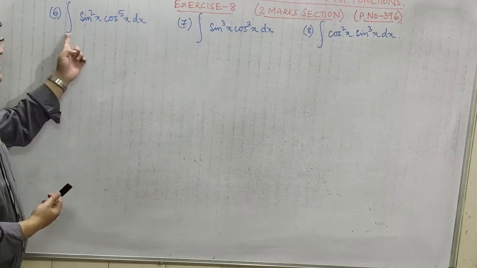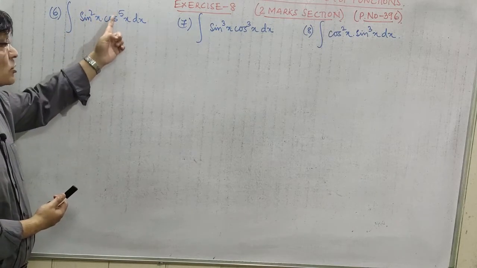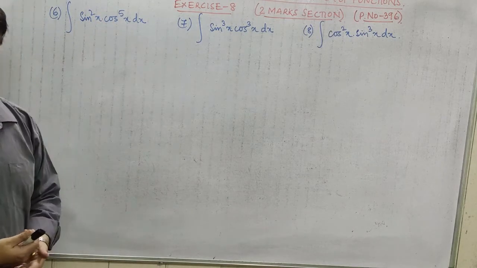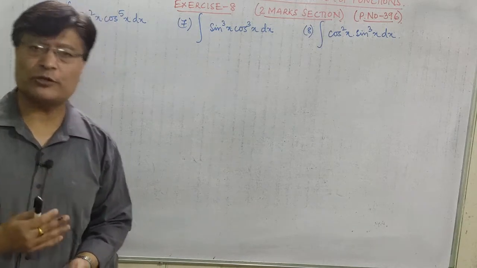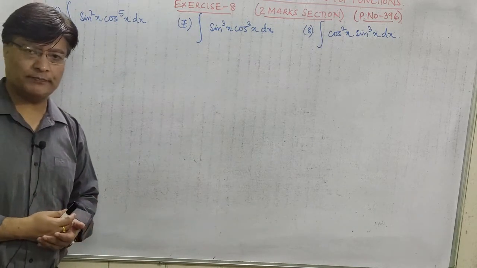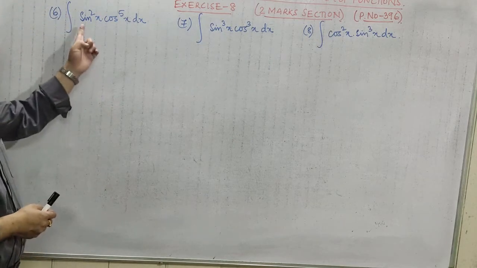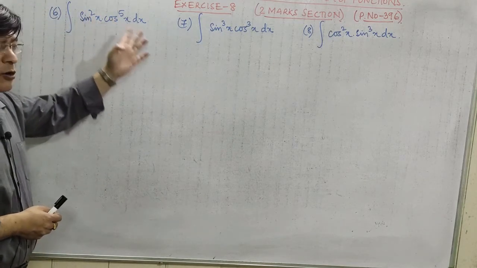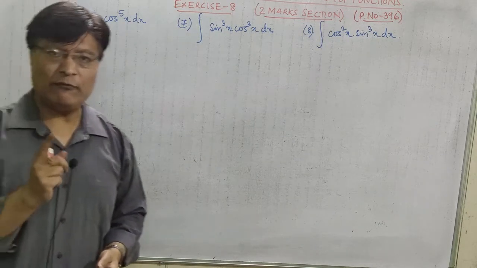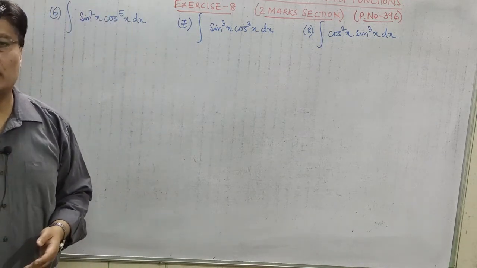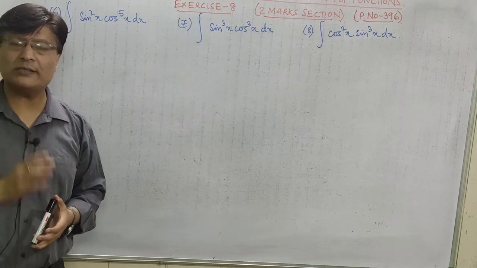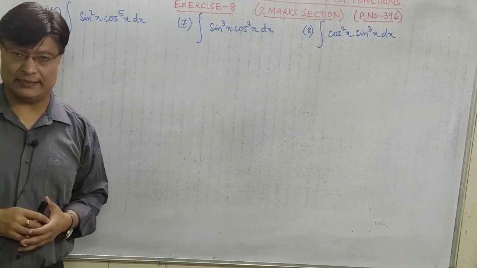The question is integration of sine square x cos to the power 5x dx. So in this case also both the trigonometric functions sin x and cos x are there, but the power of sin x is even and the power of cos x is odd. If one power is even and the other power is odd, then what is the method for integrating it?